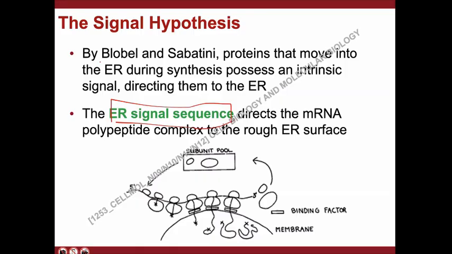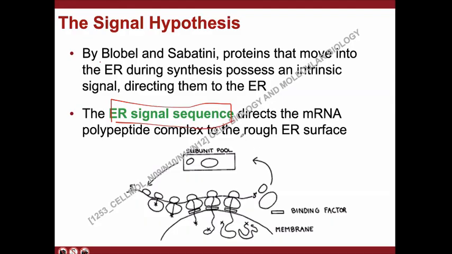They also further mentioned that as the polypeptide chain, di ba, nag-elongate siya during the mRNA process, it progressively crosses yung ER membrane and enters the ER lumen. No?